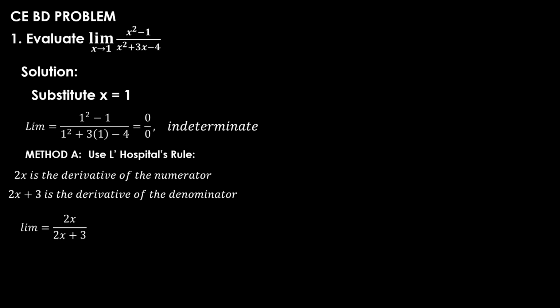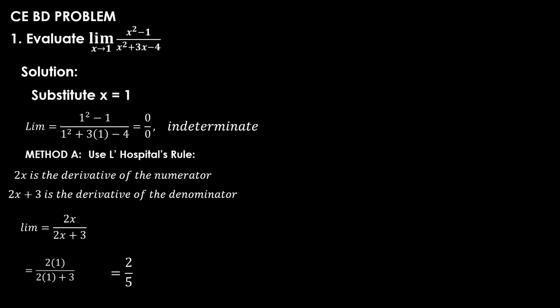As we can see, we have already substituted the value of x, which is equal to 1, in our given function. So our solution will be like this: 2 times 1 all over 2 times 1 plus 3. Our final answer is then equal to 2 over 5.